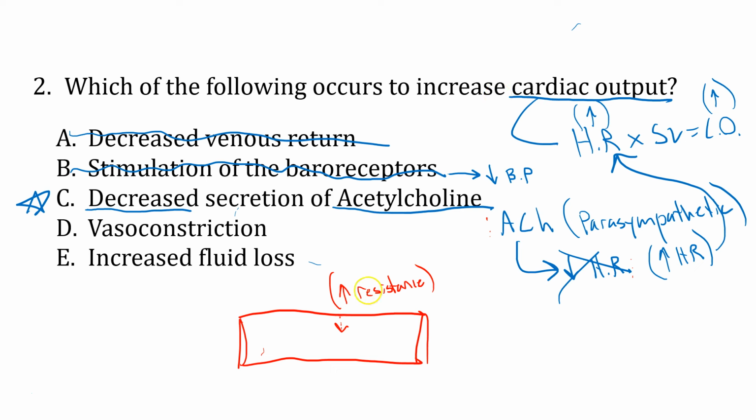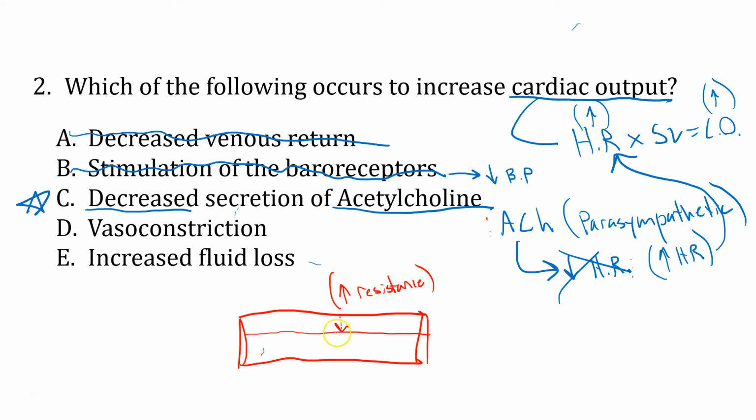We're just assuming that the resistance has been increased, and holding all things equivalent, how is that going to affect the cardiac output? And the answer would be to decrease it, because basically you're making it harder for blood to pass through this vessel if you've decreased the diameter. And then if it's harder for blood to pass through, given the same amount of energy, you're not going to have as much cardiac output.